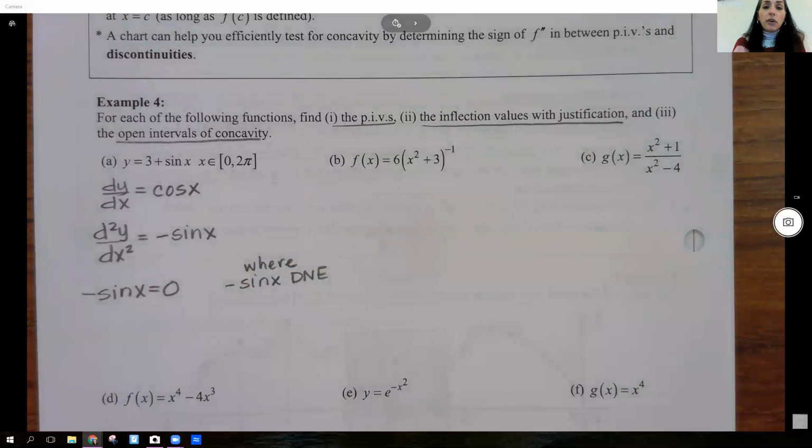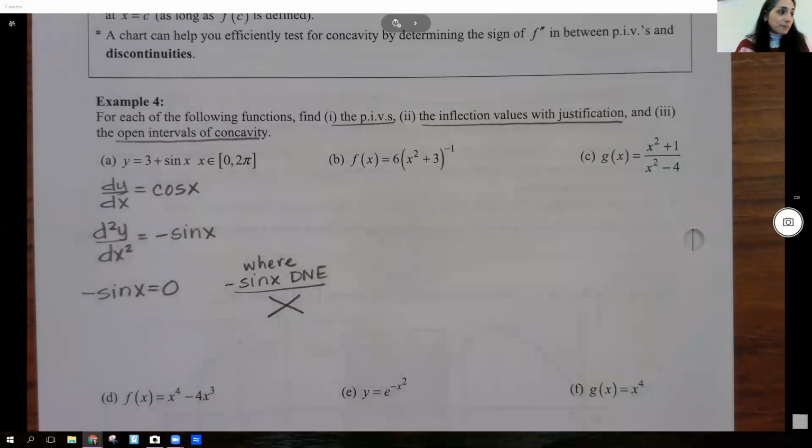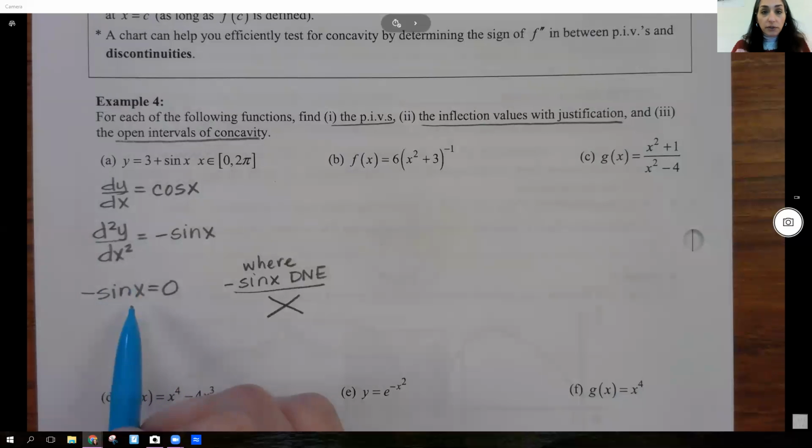Is there any place where negative sine of x would not exist? Like would there be a vertical asymptote or a hole on the interval from 0 to 2 pi? No. Right. So that part's done. We don't have to worry about that.